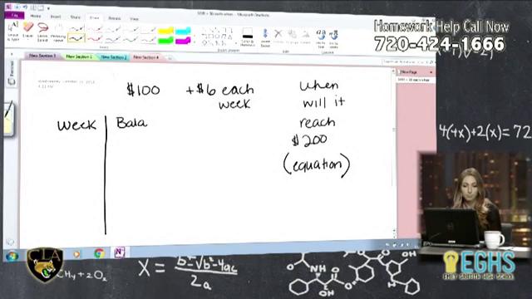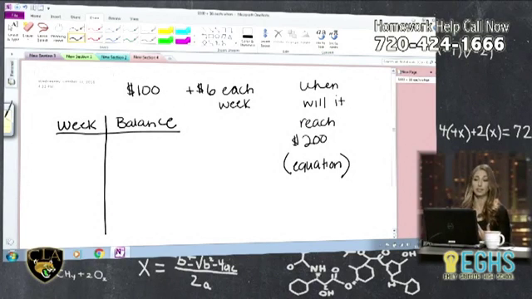We're comparing the two things that are changing in this scenario: time, and his bank account balance. Those are our two variables. Let's call the week W, and we'll call his total balance B.